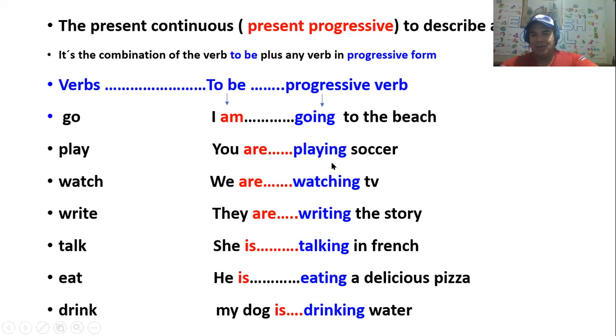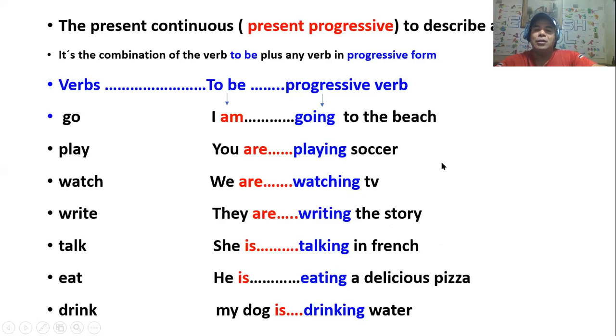Play turns into playing. Watch becomes watching. Write turns into writing. Talk becomes talking. Eat becomes eating. Drink becomes drinking. So all these verbs have the ing form at the end, all of them. The information that is in black is extra information.